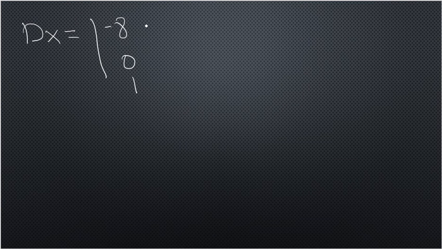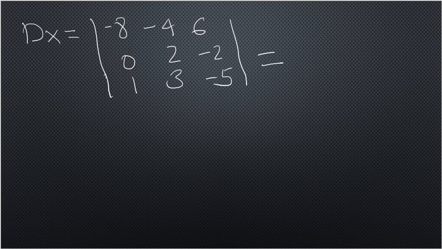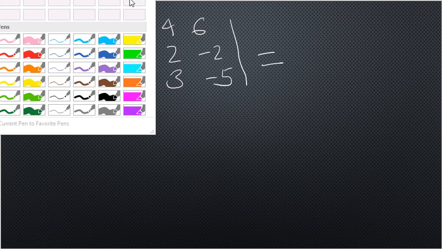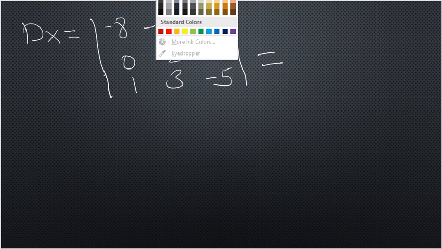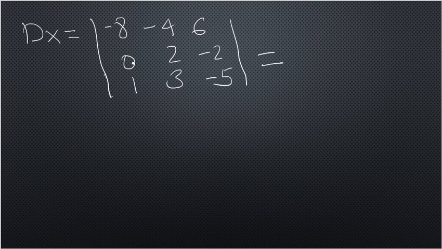And the second column is -4 as it is, 2, 3. And the third column is going to be 6, -2, and -5. Then when you find the determinant of this matrix, we will see the result. We have to solve it in the same manner as we did before. So the result is going to be 28.